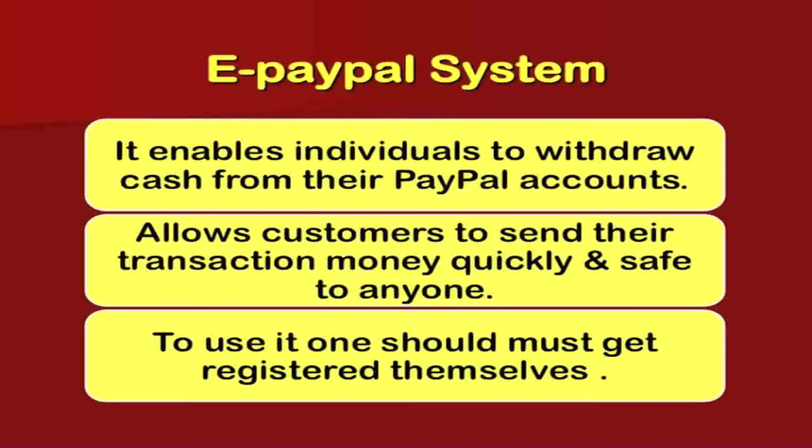So, PayPal is offering these services to most e-commerce sites globally and in India also. The PayPal system enables individuals to withdraw cash from their PayPal accounts and allows customers to send their transaction money quickly and safely to anyone. To use it, one should understand and get registered on the website.